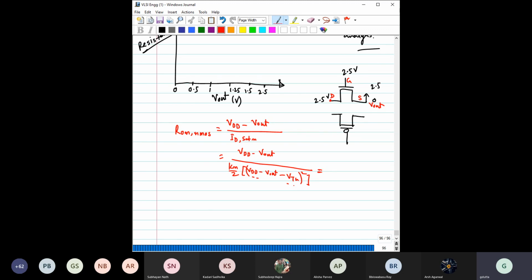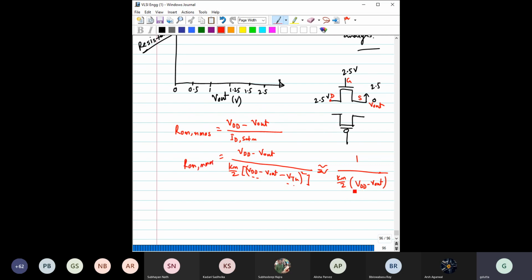The VDD by V out will cancel out, and you get a close approximation like 1 by something Kn by 2, and here VDD minus V out. This is not a good approximation, in fact, but it gives an idea. This would be the R on of the NMOS.